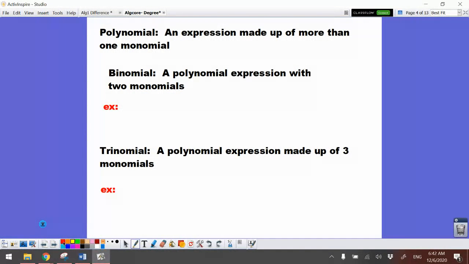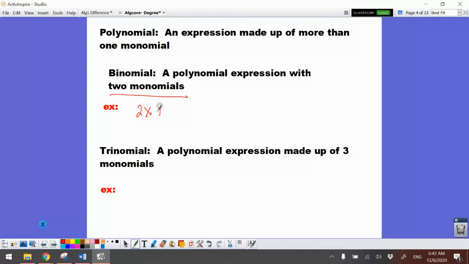Okay, let's keep moving. So a polynomial is an expression that's made up of more than one monomial. I like to think about the family of polynomials kind of like dessert. Dessert can be cakes, cookies, pies, candy, ice cream, you name it, tons and tons of different things, okay? So underneath the umbrella of polynomials, we have monomials, we have binomials, and a binomial is made up of two terms.